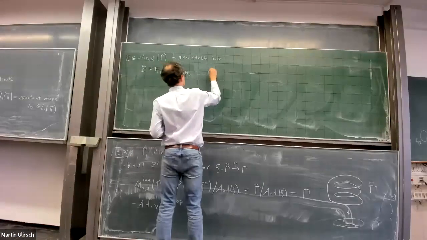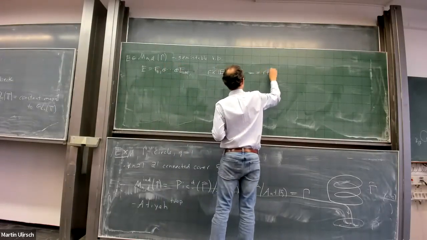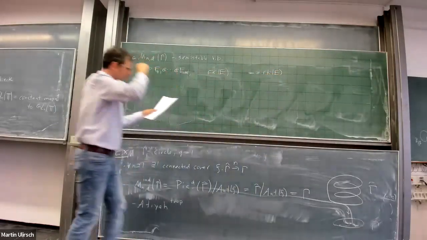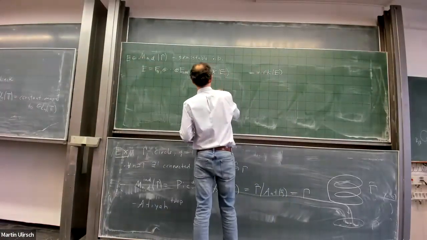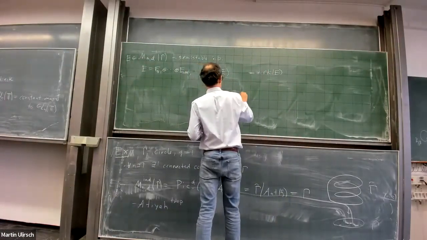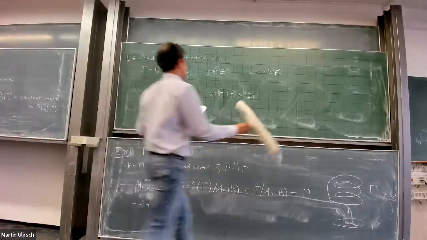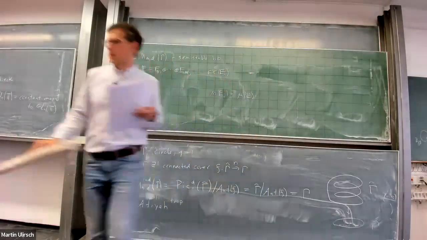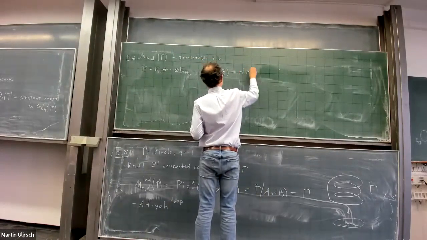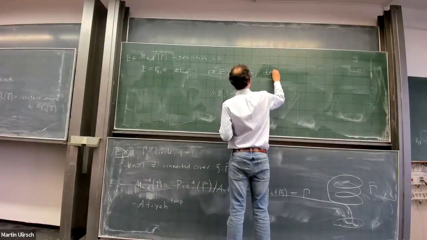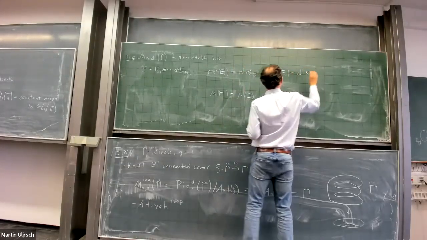And so the rank of E_i, sorry, not the rank, the slope, mu of E_i has to equal mu of E. So if you think about this for a second, that means that the rank is n prime times k_i, and the degree of E_i is d prime times k_i.